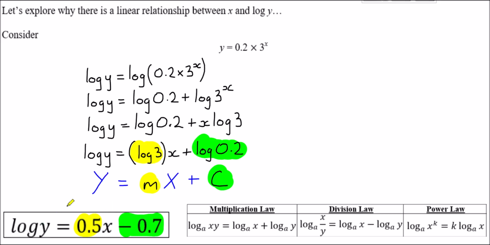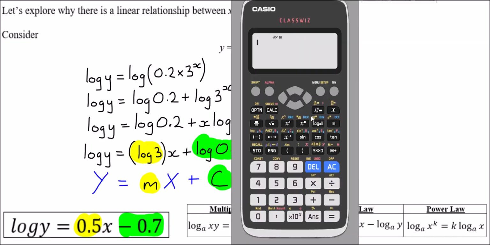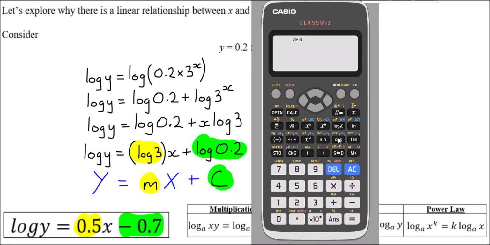Using the table of values, we got that the gradient was 0.5. So what is log 3? If we just type log base 10 of 3, we get 0.477. So you can see to one decimal place, that is 0.5. And likewise, if we were to try log of 0.2, base 10 of course, then log base 10 of 0.2 is minus 0.698, and so on.